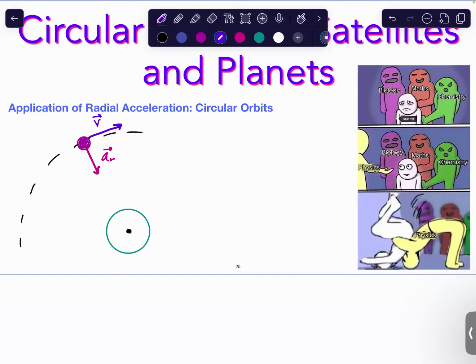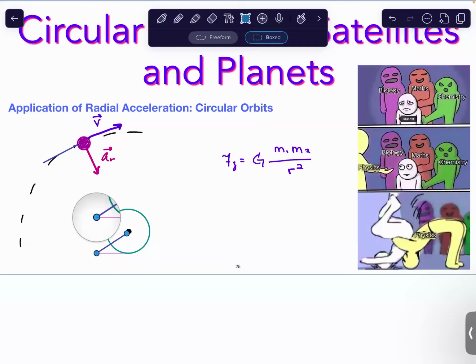So if we think of Newton's universal gravitational law, gravitational force is G m1 m2 over R squared. Now, R is measured from the center of gravity.